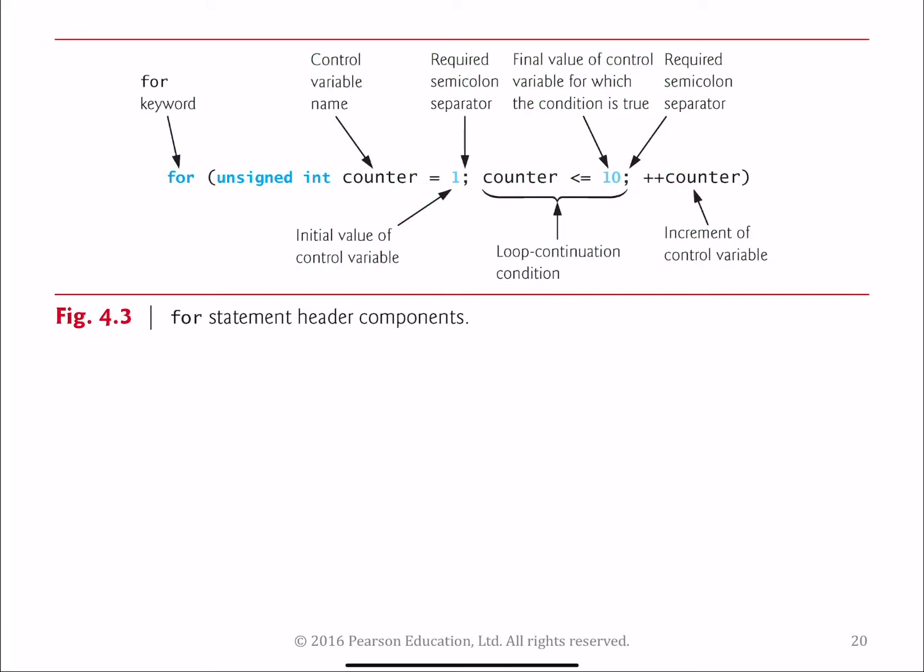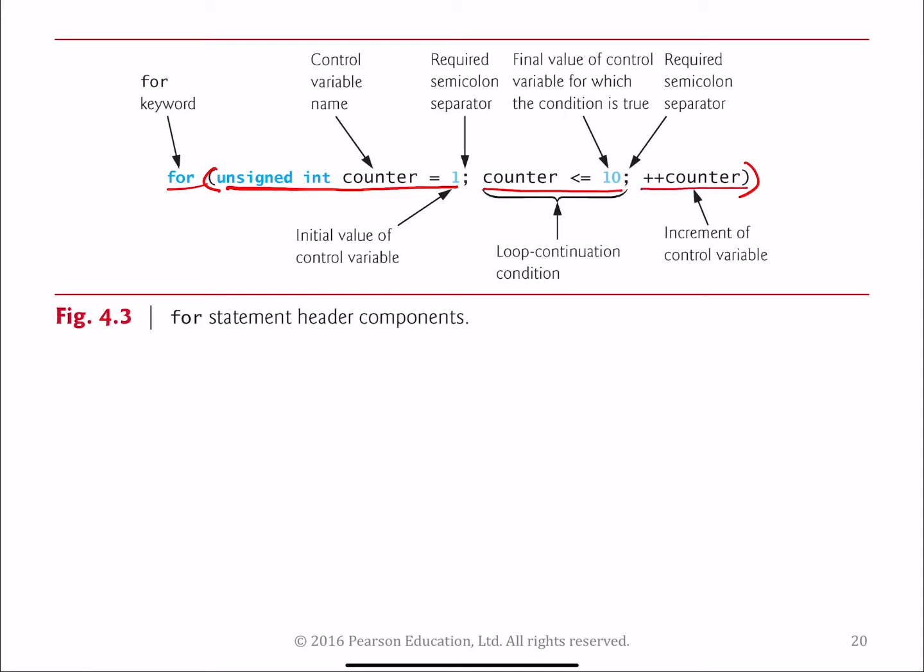Here's a neater labeling of all of that. So we have the for keyword and the three parts that I just mentioned that are part of the for loop all go inside this one pair of parentheses. And like I said, over here we are defining and initializing the control variable. This is the loop continuation condition, which needs to be true for us to continue running the loop.